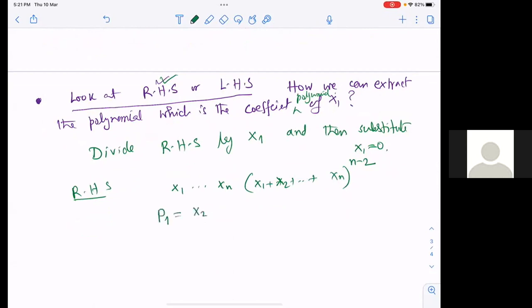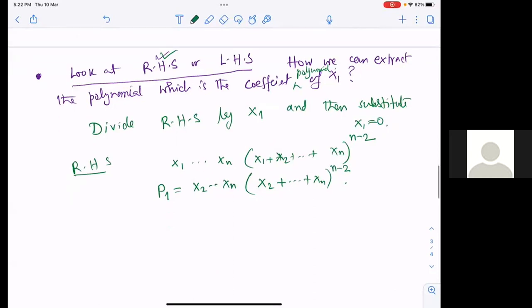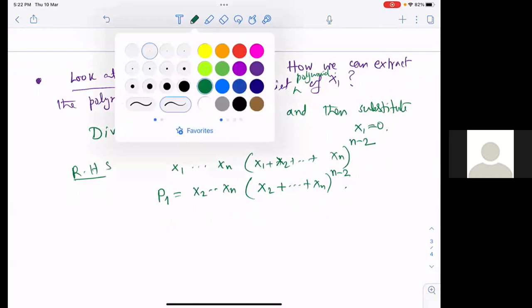P1 will be x2 to xn times (x2 plus ... plus xn) to the power n minus 2. And this is nothing special about x1. You can do this process for x1 to xn. Now we make a very simple observation.